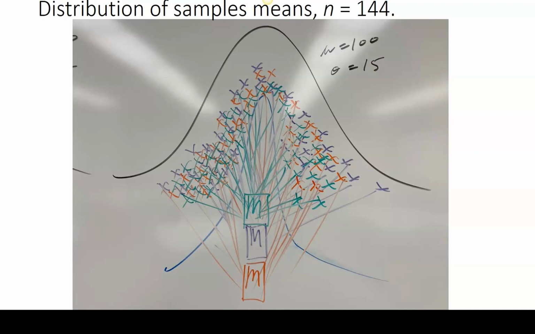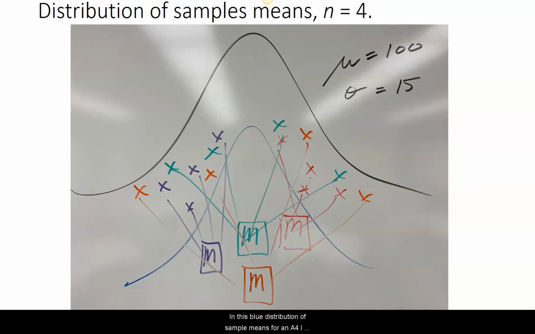Same with green. So the notion is that when I have a high N, the distribution of sample means is likely to be narrow. It's likely to be tall and skinny. And if you'll focus on this just for a second, look how I drew it. In this blue distribution of sample means, for N of 4, I drew it broadly.